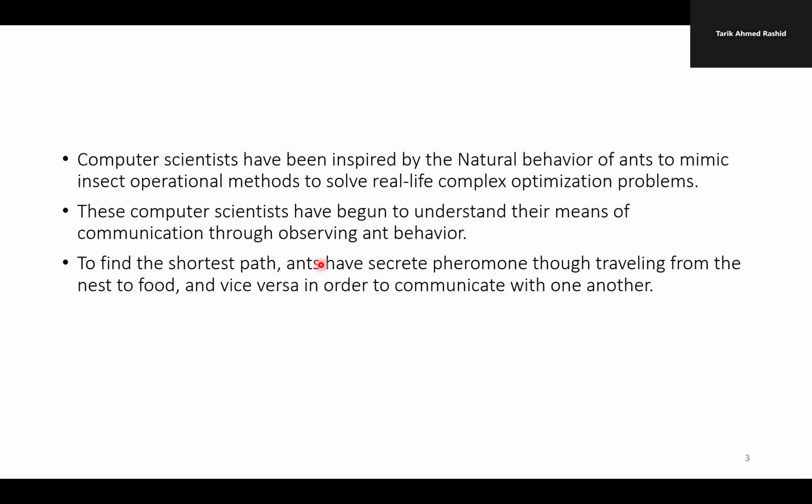Computer scientists have been inspired by the natural behavior of ants to mimic insect operational methods to solve real-world application problems, and these are complex problems in nature. These computer scientists have begun to comprehend the means of communication through observing ant behavior.